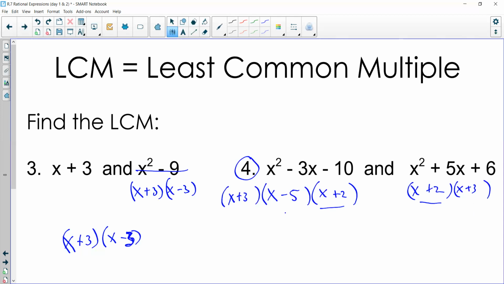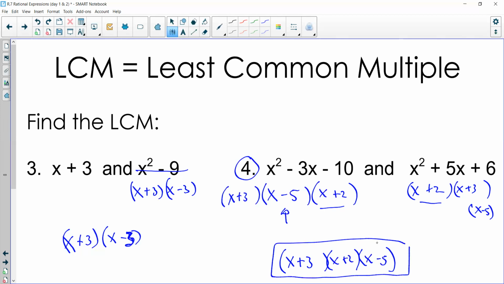Likewise, this one had an x minus 5 and this one doesn't, so I would multiply this one times x minus 5. If I write out the 3 factors that make up the least common multiple, it would be an x plus 3, an x plus 2, and an x minus 5. Multiply those all together, and that would be the least common multiple of those 2 polynomials.